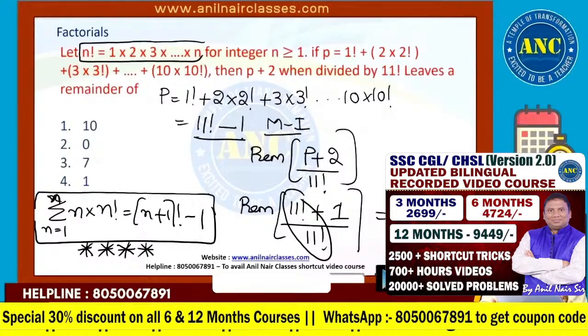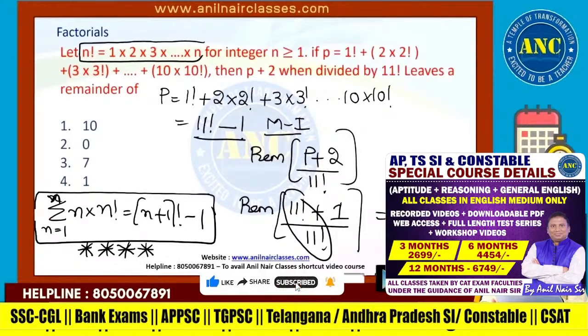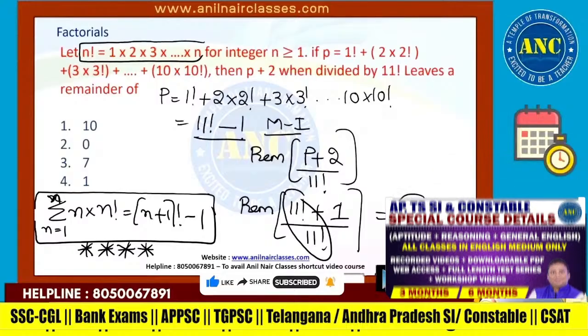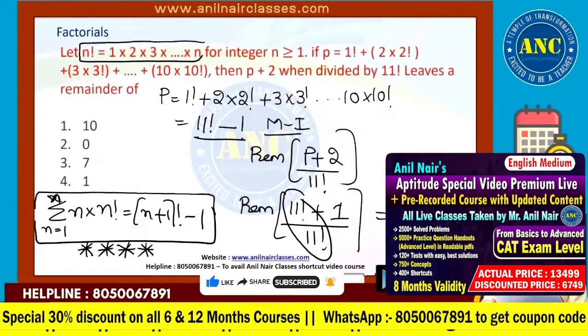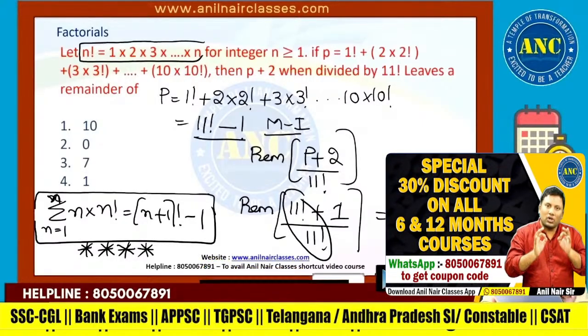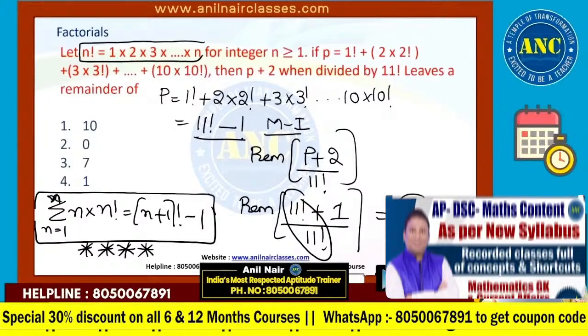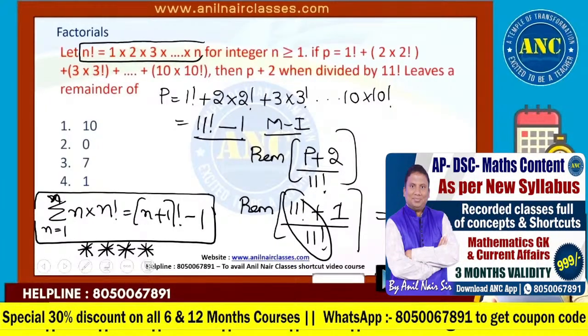These both are consecutive integers. 4 divided by 3, remainder 1. 5 divided by 4, remainder 1. 11 factorial plus 1 divided by 11 factorial, remainder is 1. This is method 1, the usage of the concept n plus 1 factorial minus 1.